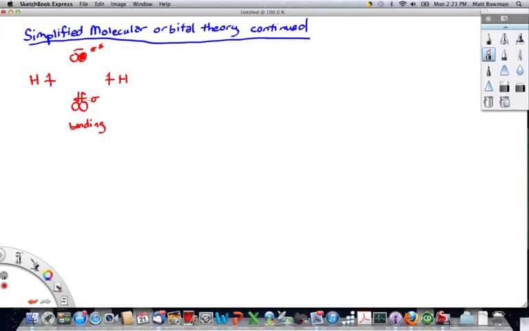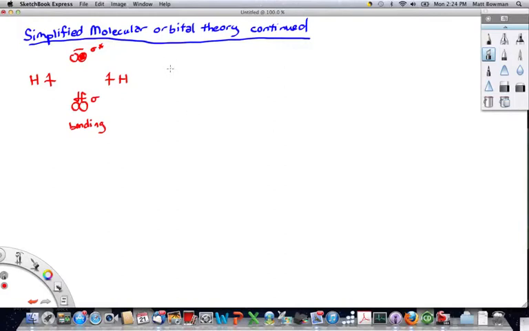Now, there are essentially two ways of breaking a hydrogen molecule apart, or breaking a covalent bond. The first way of doing it is simply removing electrons from the bonding orbital.